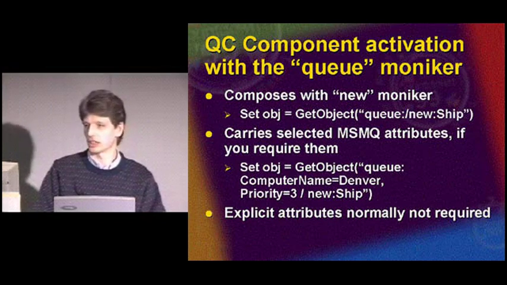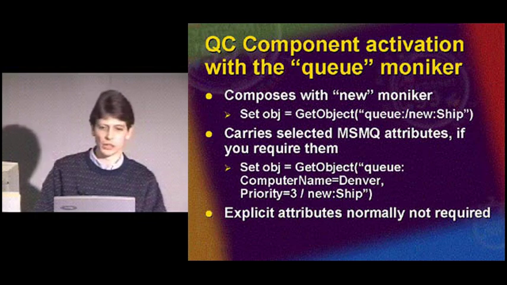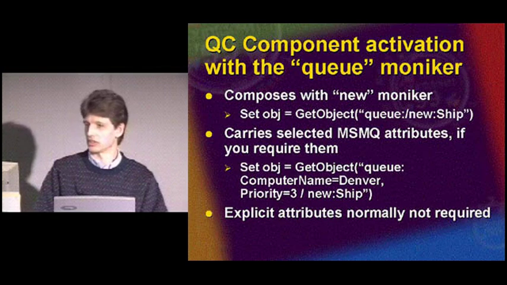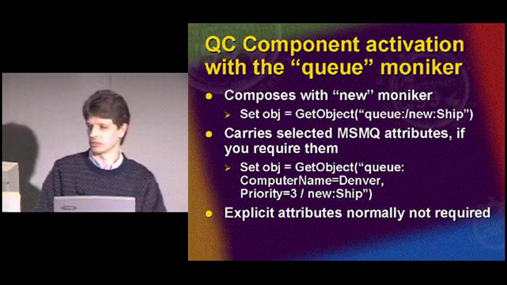The queue moniker can actually carry MSMQ attributes. If there are specific attributes you want to add over and above the default attributes, that can be done by adding things to the way in which the object is created. For example here, we're saying that the computer name where the queue exists is Denver, and we want the priority to be 3.